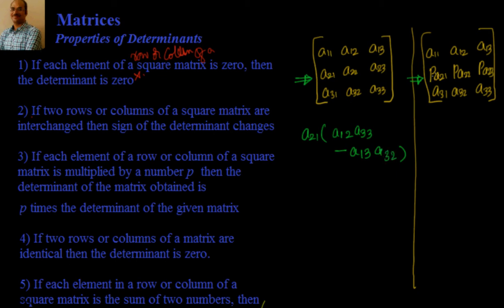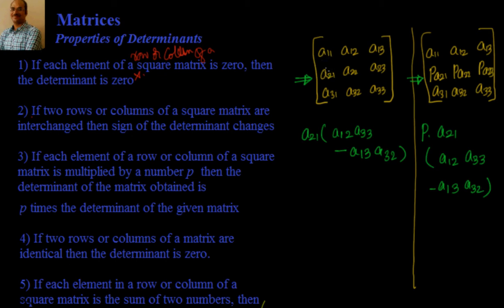Okay, right. Now if I pick here, let's see what happens. You can see that I will have p into A21 into A12 A33 minus A13 A32.